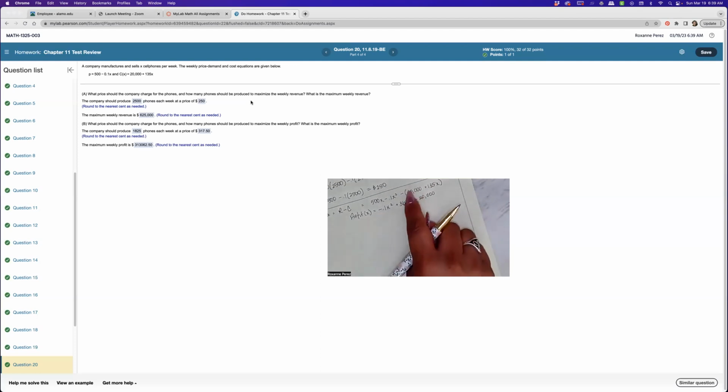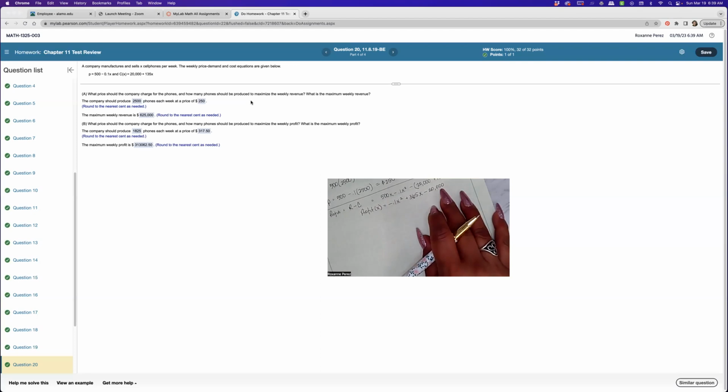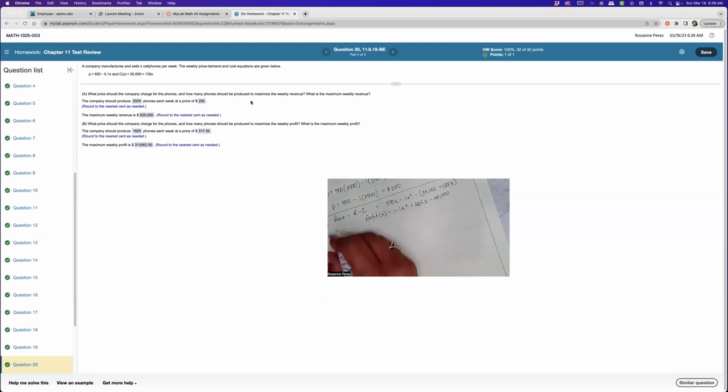Yeah, this negative distributes. So minus 20,000 minus 135x. Okay, so again, I want to maximize this profit function. So I'm going to take the first derivative.